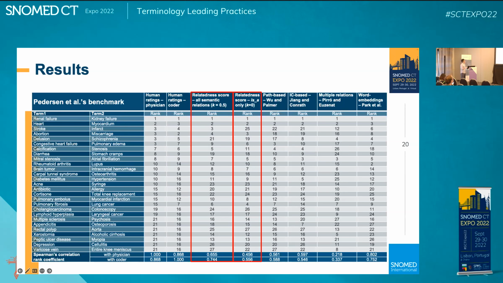But the cutting edge word embedding method by Park et al., which made use of Wikipedia as an external textual resource and used word2vec to represent words, correlated better with physicians and coders than our approach.